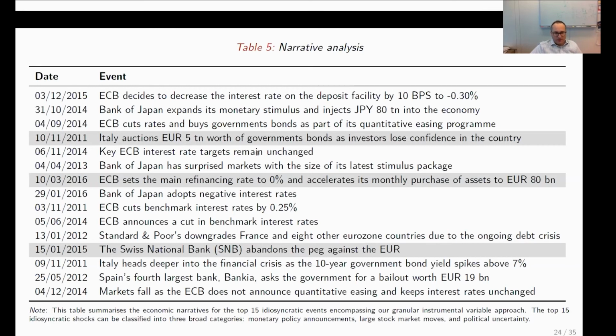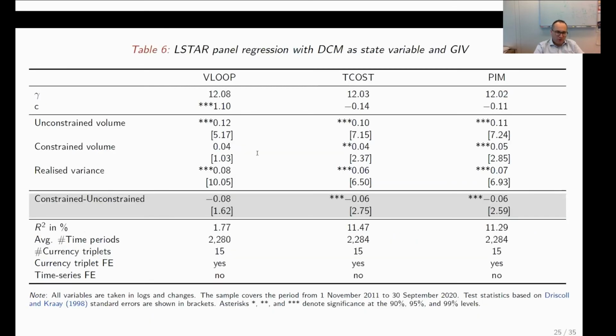Now, when we turn to our main regressions where we're using the GIV variable as an instrument, the results are given here on this slide. Please note that there are no time series fixed effects in this regression because the GIV variable is common across the different currencies.